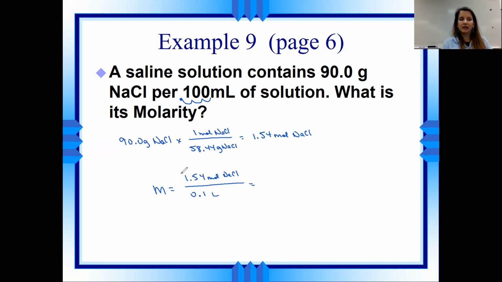And so my answer would end up being 0.154 big M. However, because my 100 milliliters only had 1 sig fig, I can only have 1 sig fig for my answer, and I would have to round this to 0.2 molar. And that would be my answer.